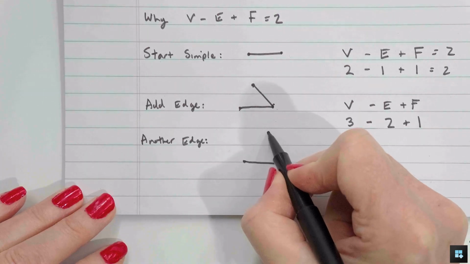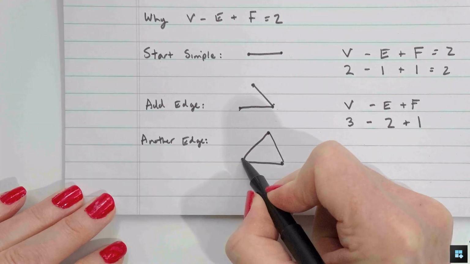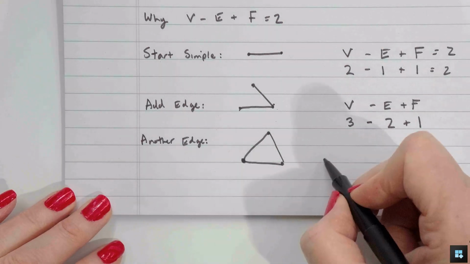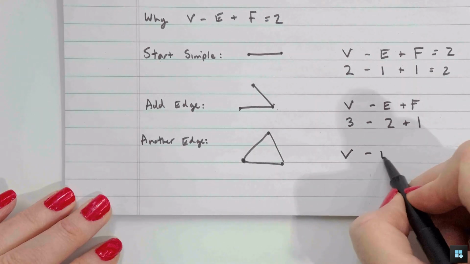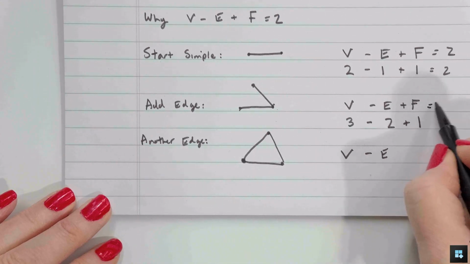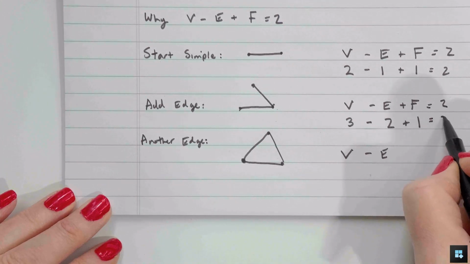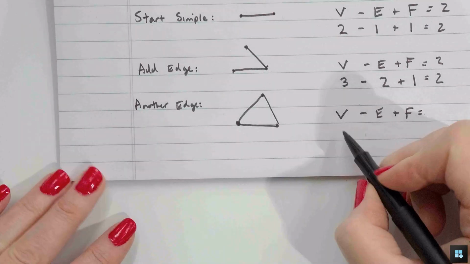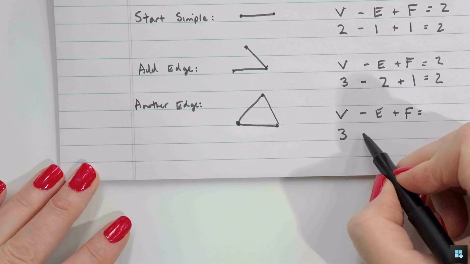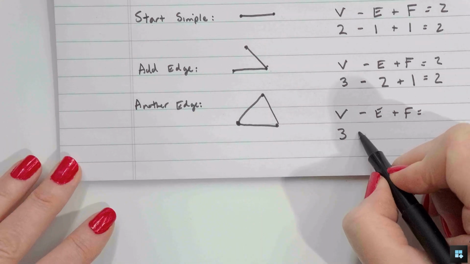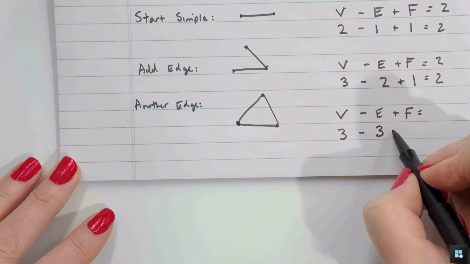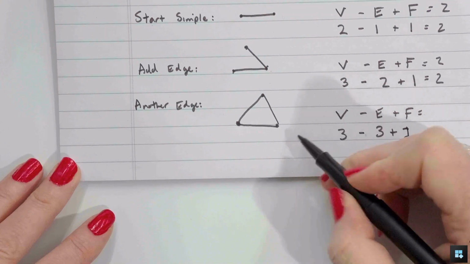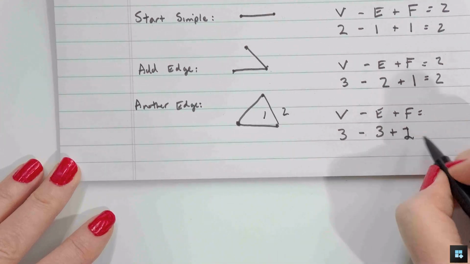So here's what we have, and now basically we have a triangle when I add another edge. So now we have 3 vertices, because I didn't add a vertex, but I did add an edge, and I added a face, because now I have an enclosed area, plus the outside counts as a face.